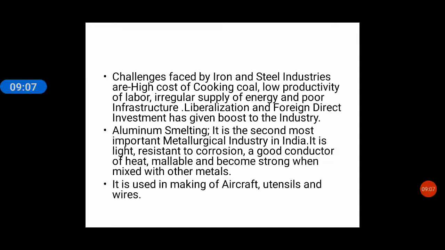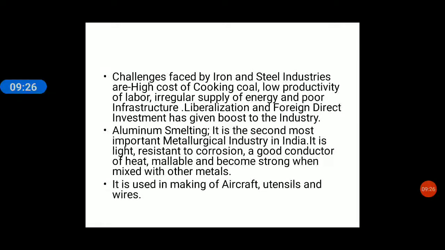Now, but in recent years, liberalization and foreign direct investment has given a boost to the industry. After 2000, the government of India has adopted a new economic policy. What do we say? NEP, that is new economic policy.